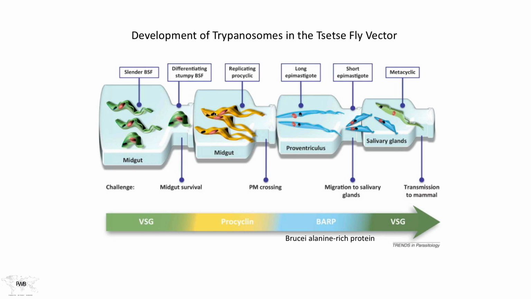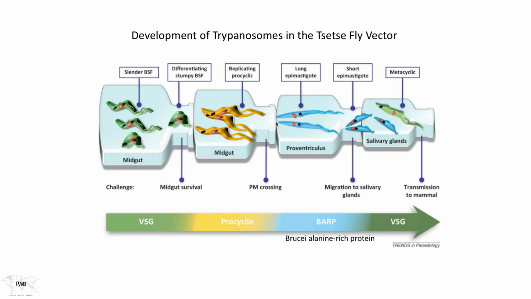The procyclic stage multiplies vigorously inside the midgut, and then it has to pass through the peritrophic membrane, which divides the anterior part of the digestive tract of the tsetse fly from the posterior half of the tsetse fly's digestive tract. It's a membrane that's actually physical that these organisms have to pass through.